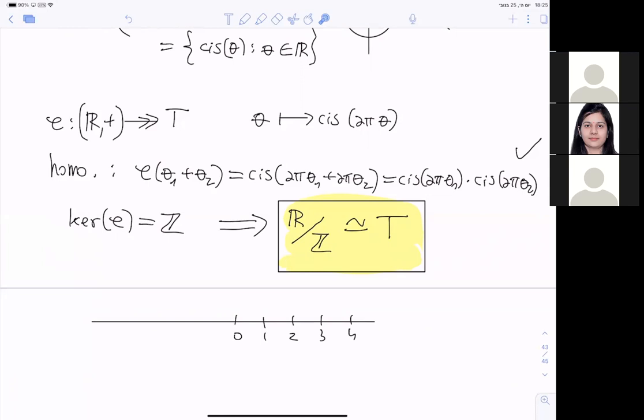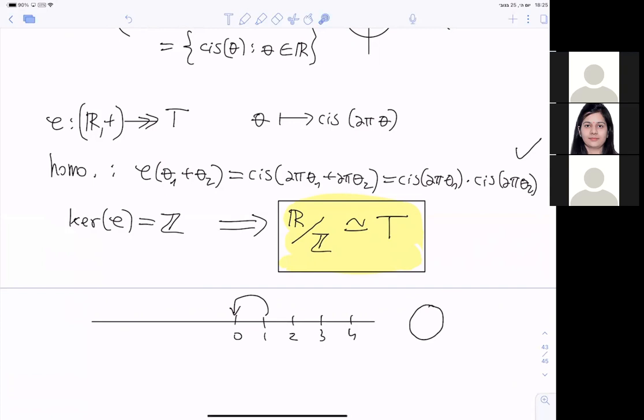But it's not exactly this interval. It's this interval when one is identified with 0, because both are integers. So if you glue this one to 0, you get exactly the circle.